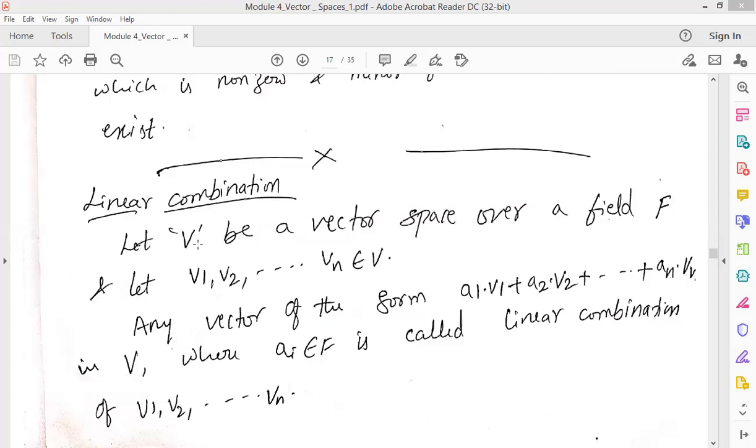So here, linear combination. In order to define this, we are going to consider a vector space V over a scalar field F, and we'll assume that we have n elements belonging to the vector space V. So here we are going to consider those as V1, V2 up to Vn.